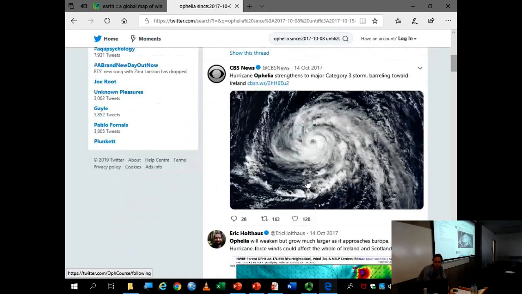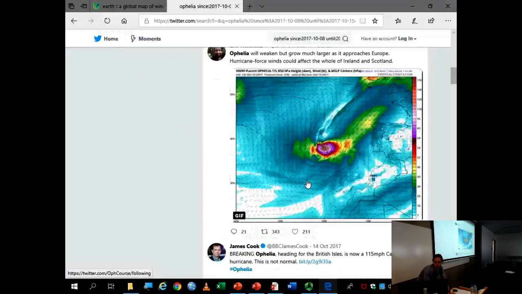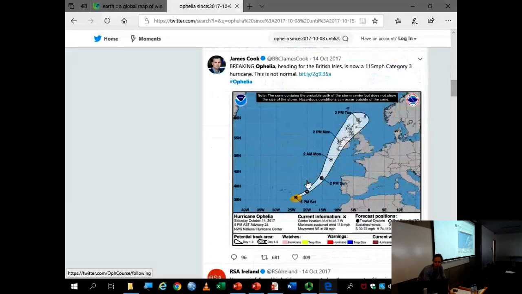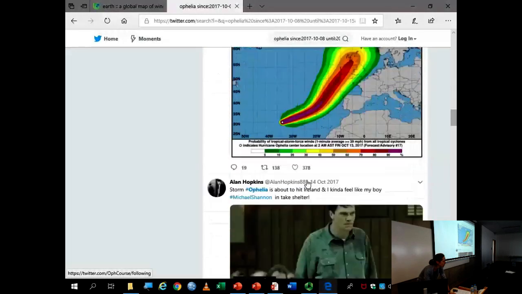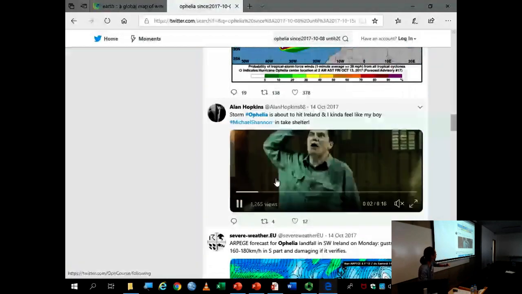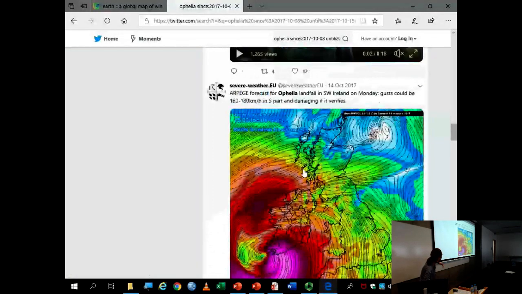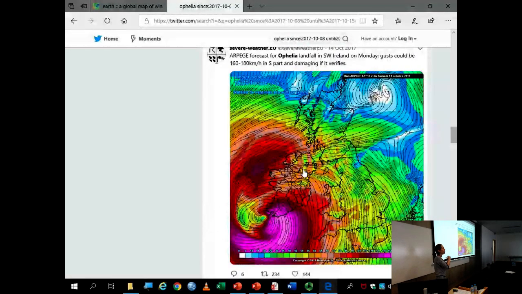Right, so you get all the information of what people posted up on Twitter about Ophelia, which is a lot of information. But if you start from the start, you can start to build up a picture or almost have a diary of when it started to hit Ireland and all the events that were happening, which I think makes a nice story.